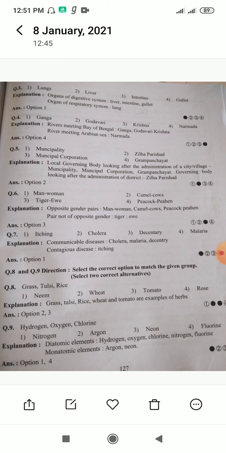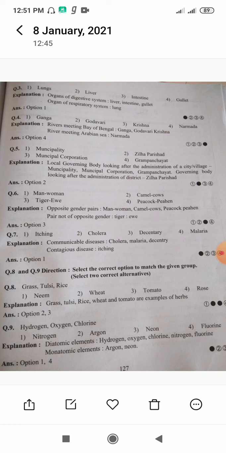That's why the Narmada is the different river from the given rivers. This question number 4 is from geography. So to solve this question we need general knowledge about all subjects.